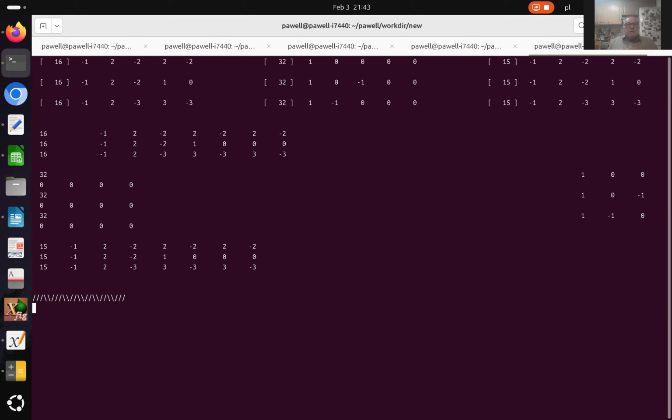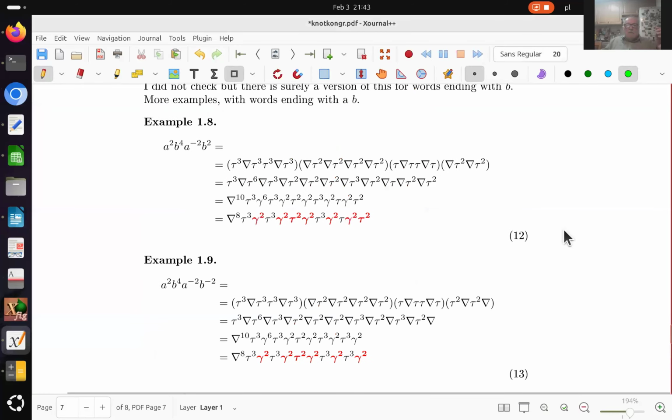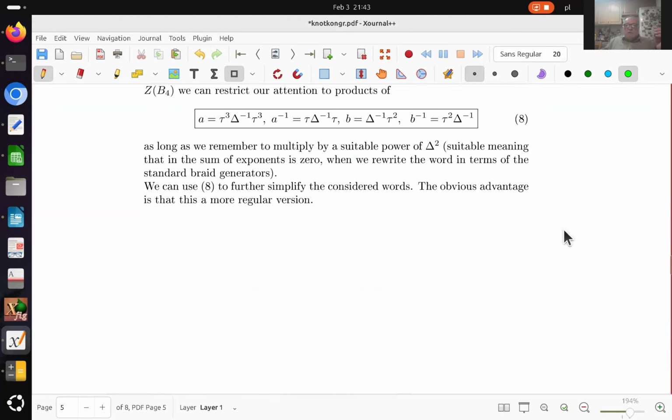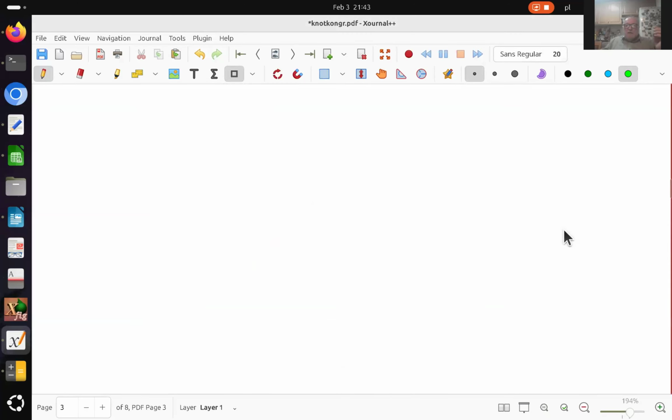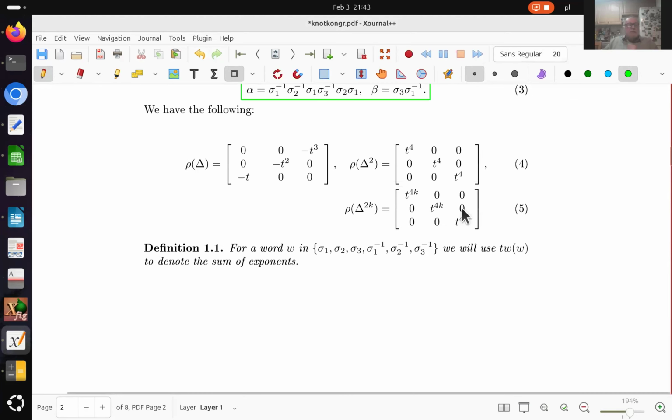If we had something in the kernel, we would expect that, taking into account that we put some delta square to some power to the left, we would expect, what would we expect? We would expect a diagonal matrix looking like that. We would know what exponent we should expect as the leading term. And what really happens is that they are always smaller than that.